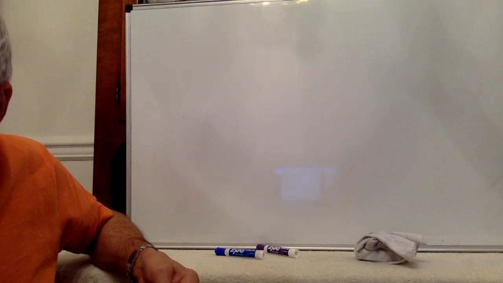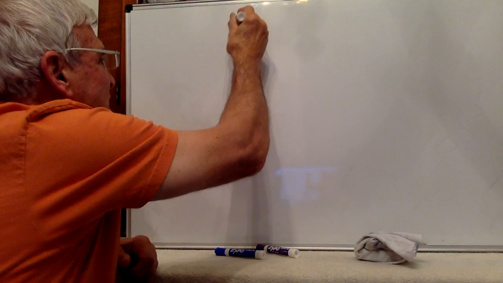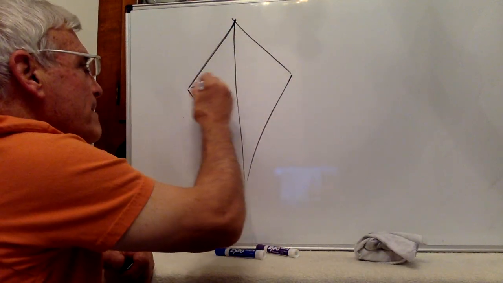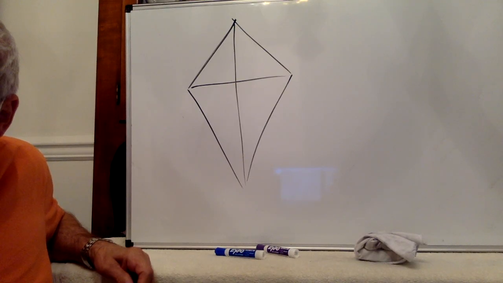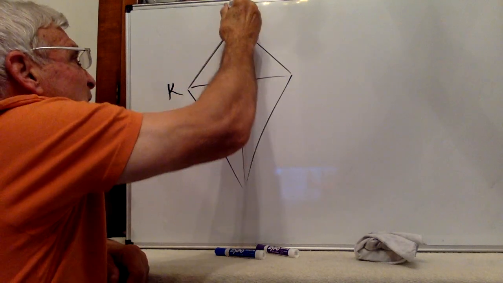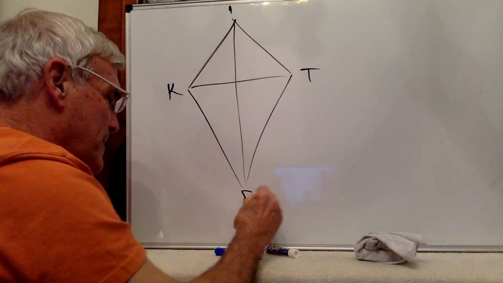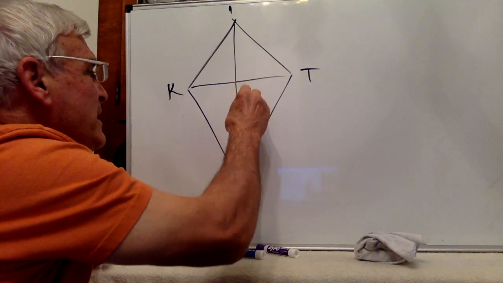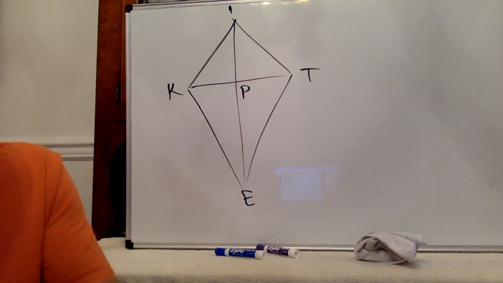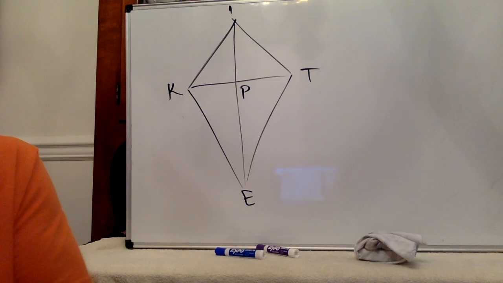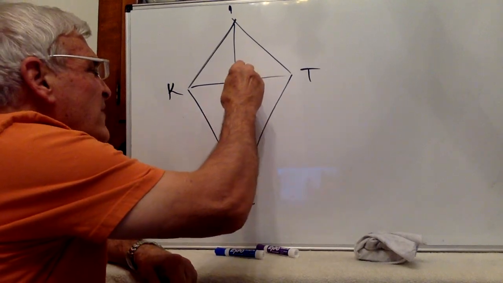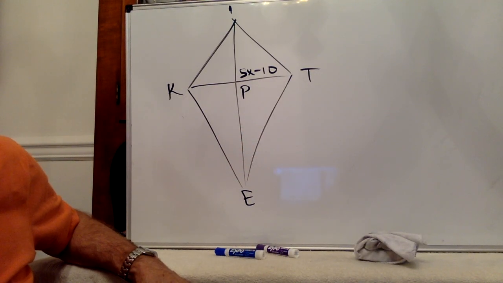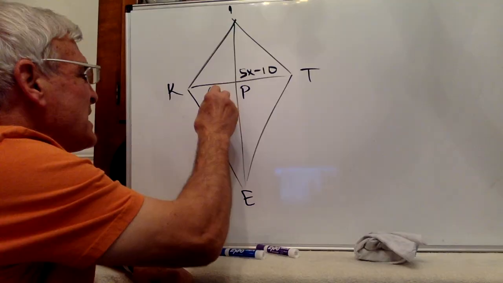Number 11, numerical problem, kite. All right, they gave you kite, K-I-T-E, and they told you that point P, and in this kite, they told you that this angle is 5x minus 10, and they told you that this piece is 6x.